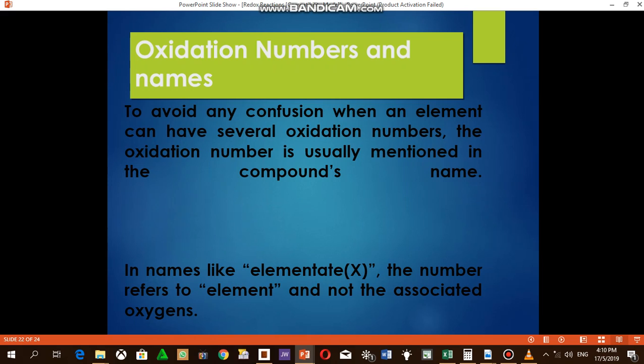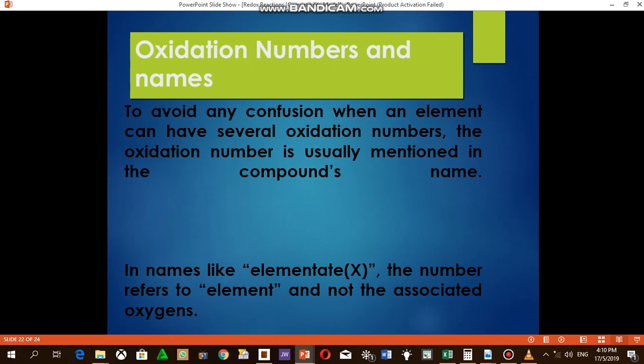So we have those four definitions. And for reduction, the opposite is true. That means reduction can be defined as the loss of oxygen, or the gain of hydrogen, or the gain of electrons. Lastly, the decrease in oxidation number.